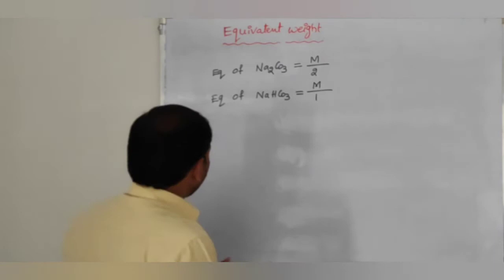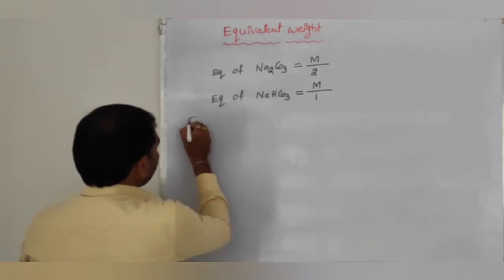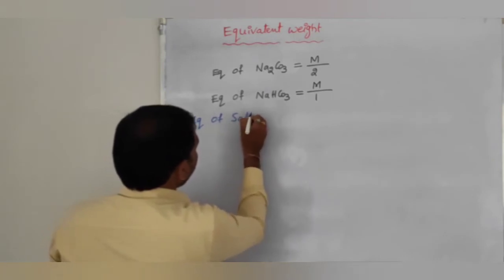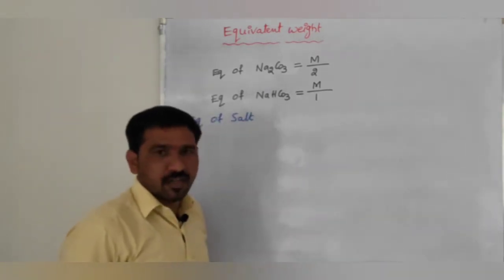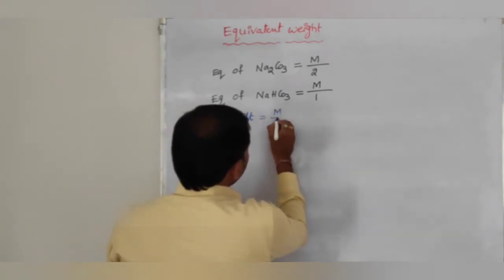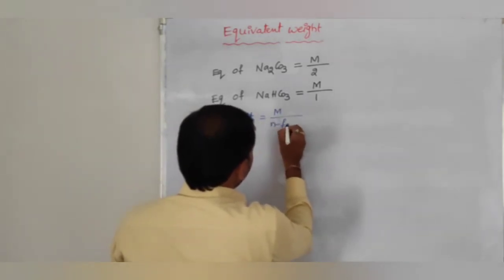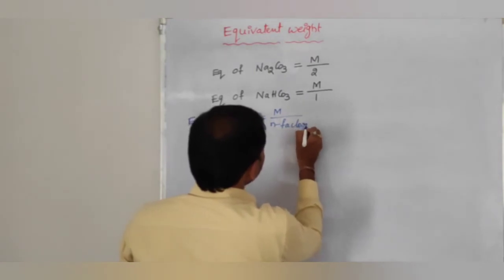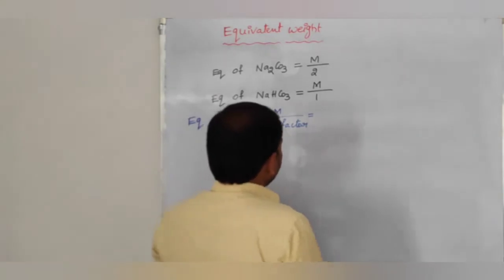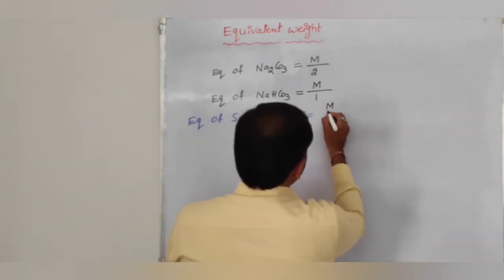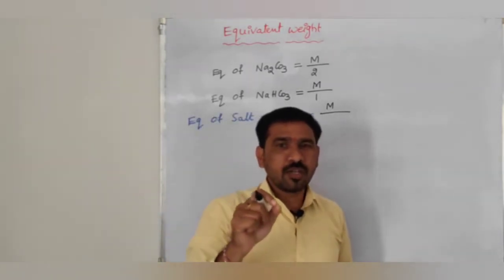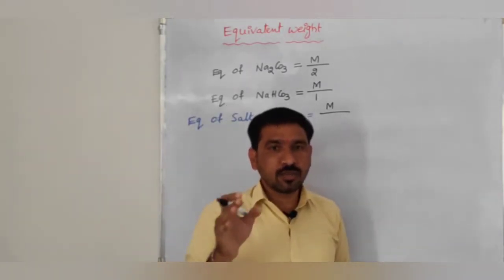Okay. Thereafter, the equivalent weight of salt. The equivalent weight of salt, beta, is equal to the molecular mass divided by the n factor. In terms of salt, what is the n factor? Simply molecular mass divided by, instead of the n factor, we can take the total charge over the anion or the total charge over the cation.